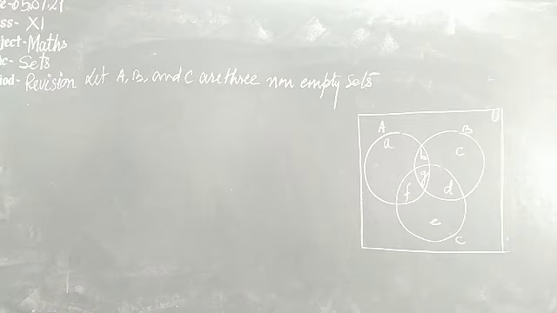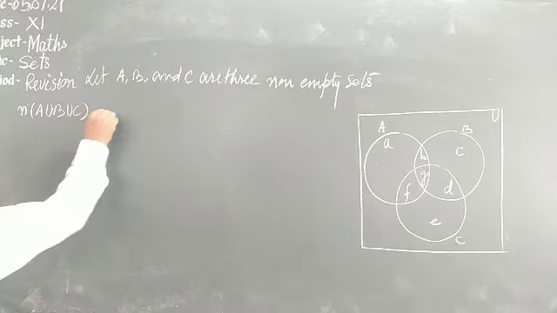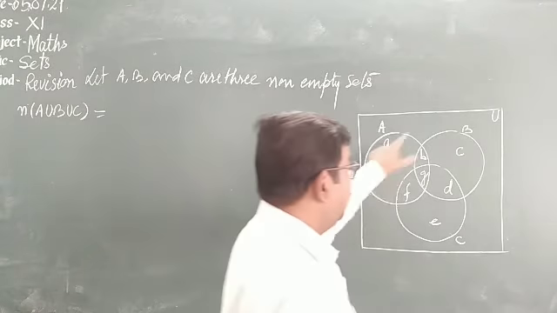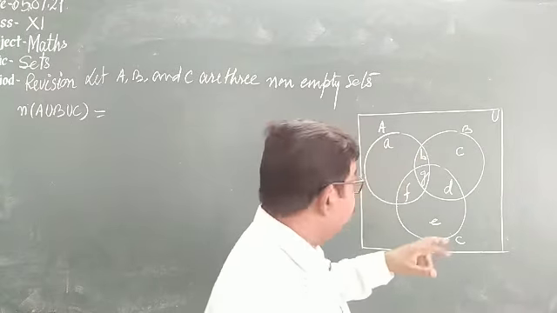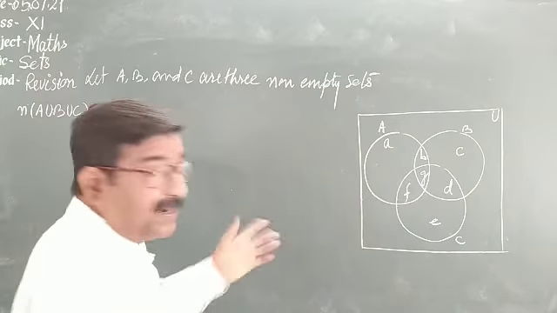Let's see. If we are going to find the union of the sets, we can write n(A union B union C). We have the three sets A, B and C, and after that the common portions will be subtracted and added.